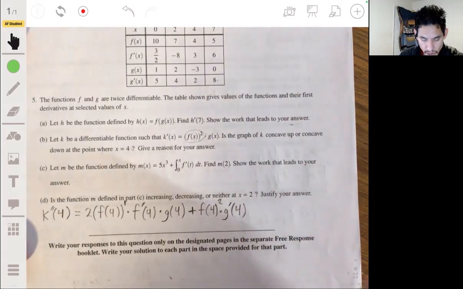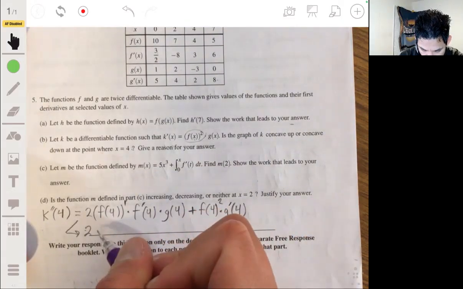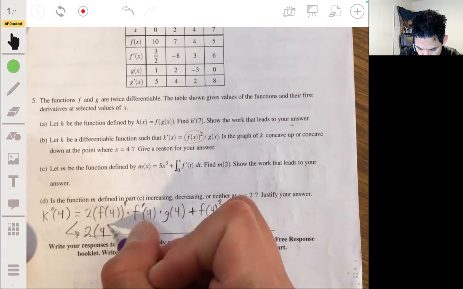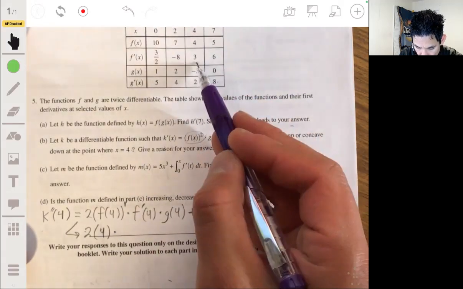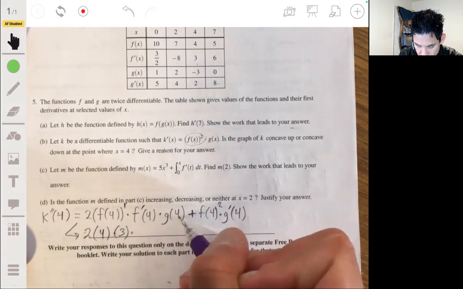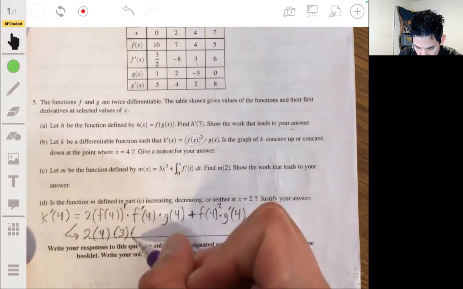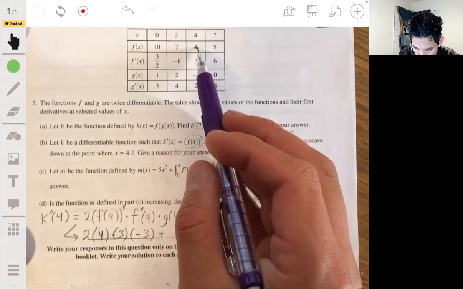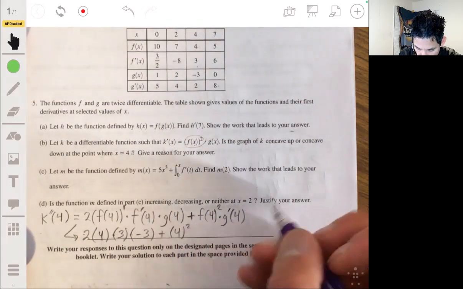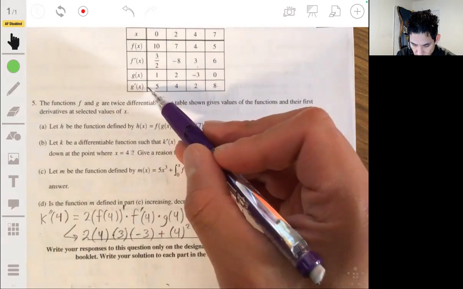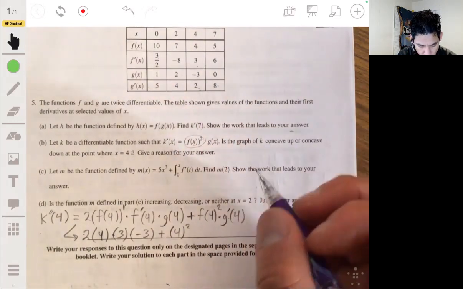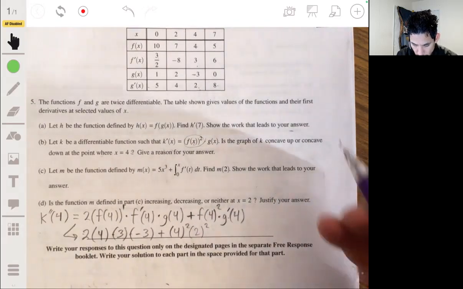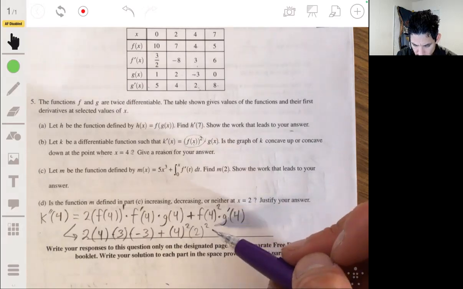And we just work this out. So we have 2 times f of 4. F of 4 is 4, coincidentally, times f prime of 4, which is 3, times g of 4, which will be negative 3, plus f of 4 squared, so plus 4 squared, times g prime of 4. Hold on, did I mess that up?